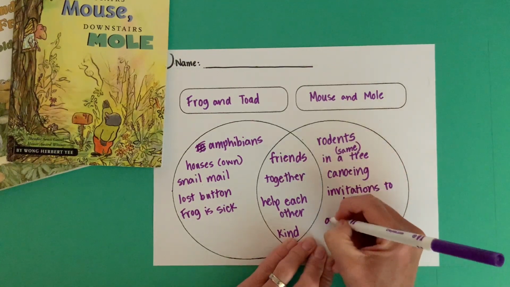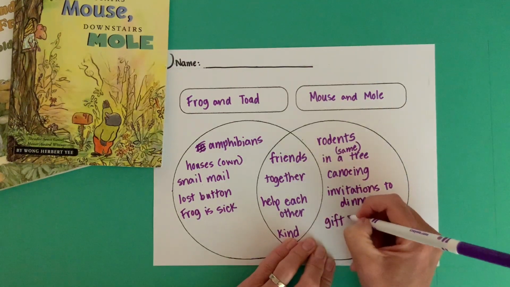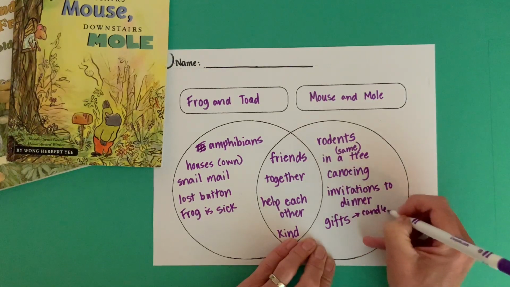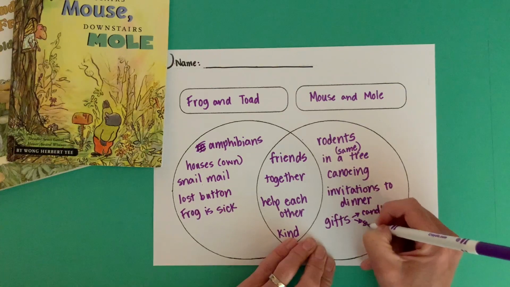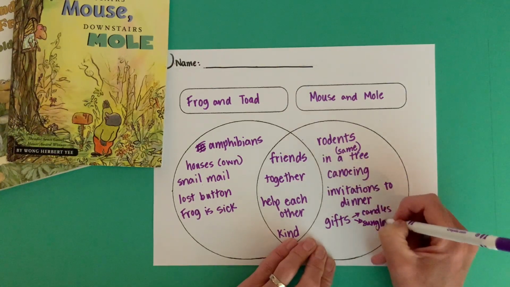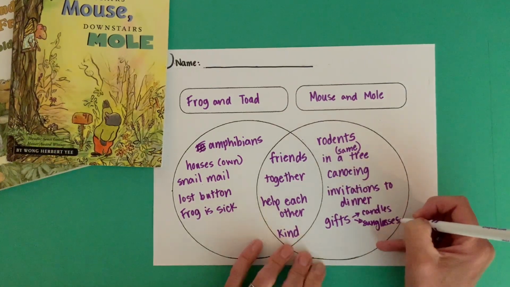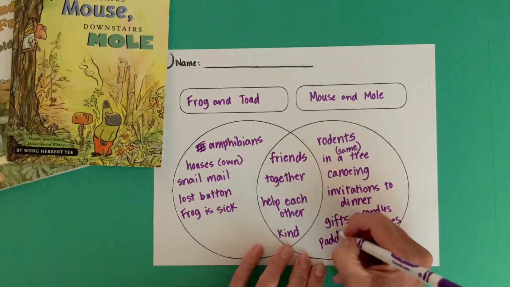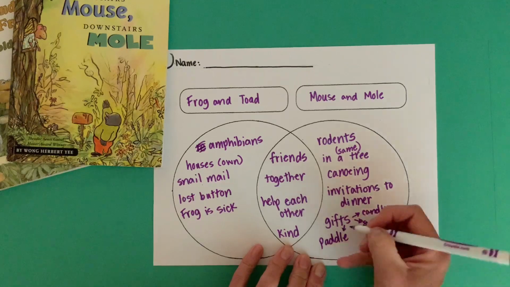And they give gifts to each other. Remember, they gave gifts like candles and sunglasses. Even the canoe paddle, a paddle was a gift. So there's a lot of gift giving here.